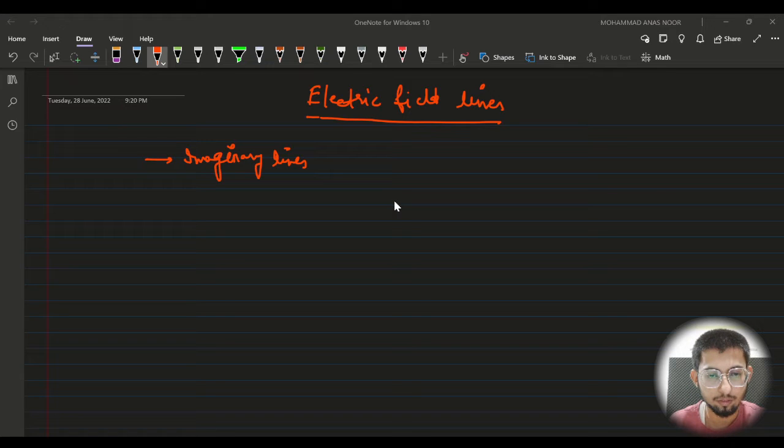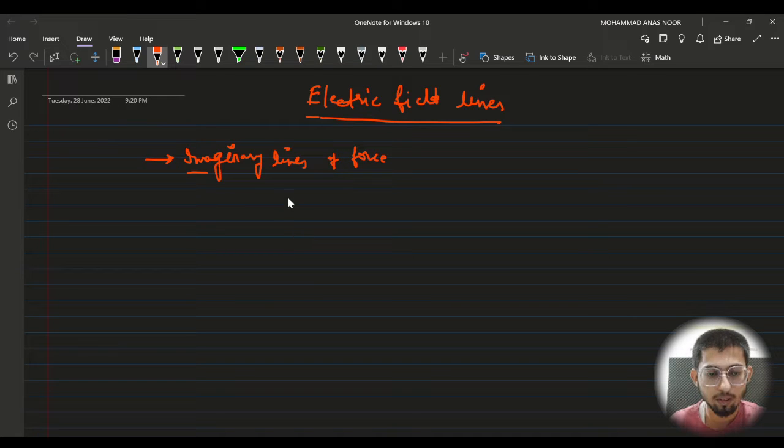So I told you that electric field lines are imaginary lines of force, just like we have magnetic lines of force. Today we will discuss the properties of electric field lines.